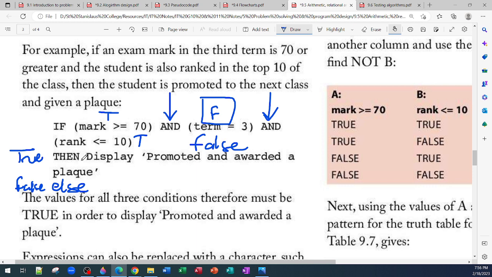So are we going to go to the next step? No, we have to ignore it because THEN is only if it is true.